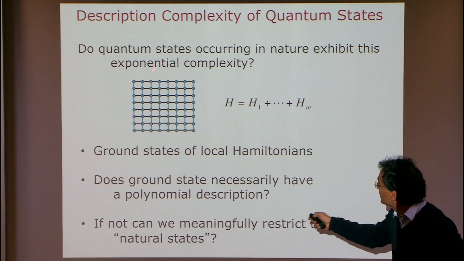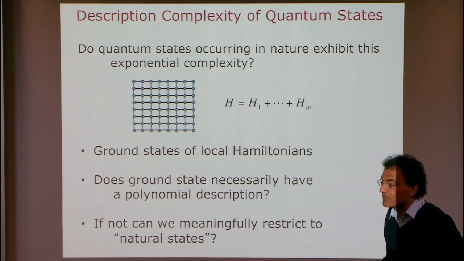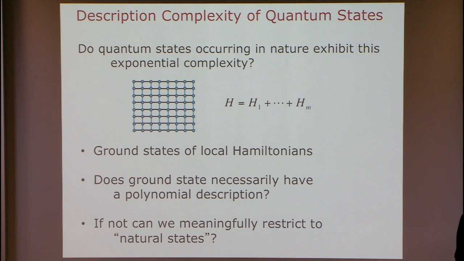Each term of the Hamiltonian describes the interaction between neighboring particles. Now what we'd like to understand is what the ground state, the lowest energy state of this system, looks like. This is the central problem in condensed matter physics, to understand low energy states, or ground states, of local Hamiltonians, because properties of the ground state determine the properties of materials. So what we'd like to know is, does this ground state necessarily have a polynomial description?